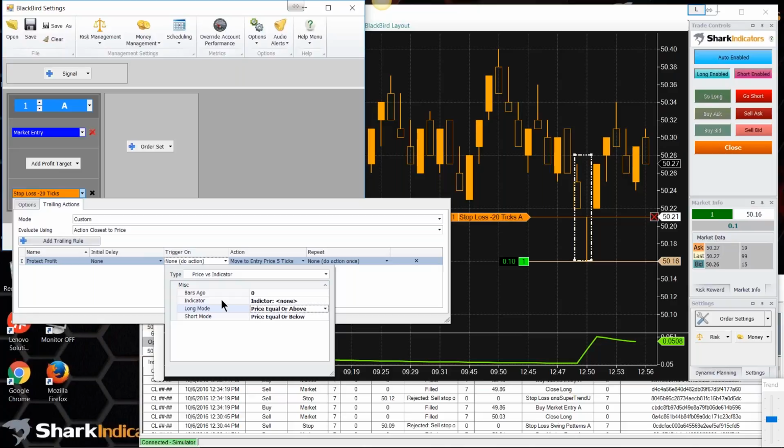So if price is above or below an indicator, this price versus indicator is kind of similar to Bloodhound's comparison solver, but not nearly as sophisticated, right? So if you want price versus an indicator, you got some simple options here. If you want anything more sophisticated, then you could use Bloodhound instead.